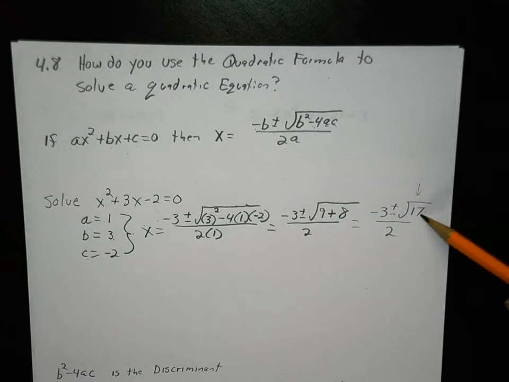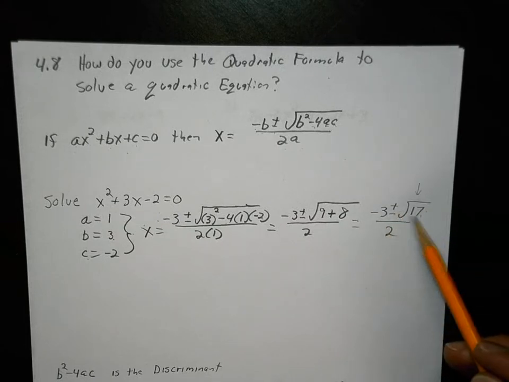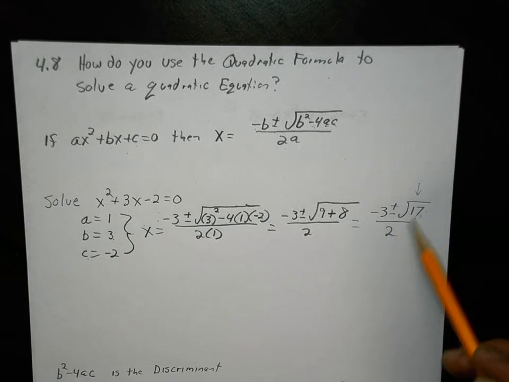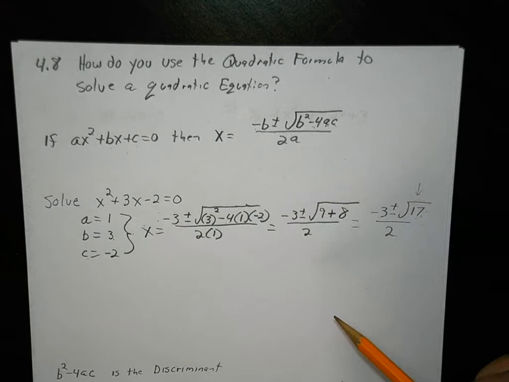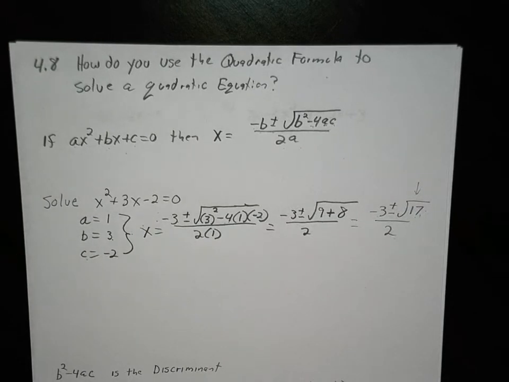Now you could figure out what the decimal of square root of 17 is on your calculator, and then take -3 plus that value and divide it by 2, and -3 minus that value and divide it by 2, and get two separate solutions. You could do that, but in this section for now we're just going to leave the answer in square root form, because that's how the answers are in the back of the book.